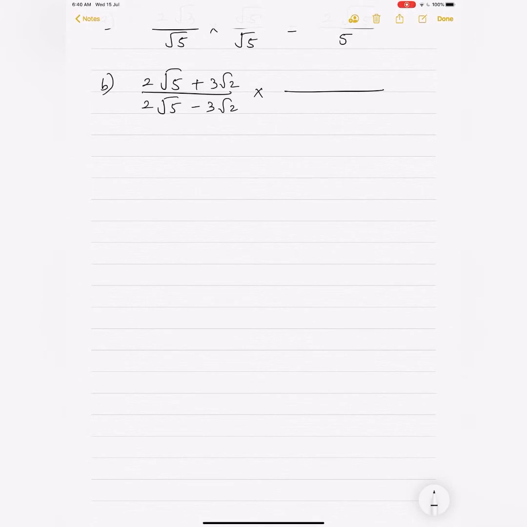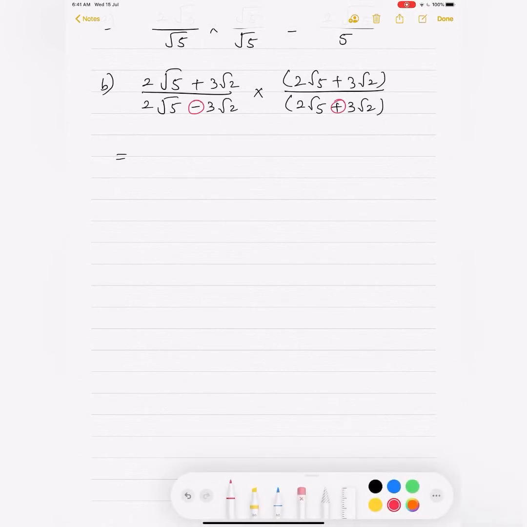So here we are going to rationalize with 2 root 5 plus 3 root 2. Here we are rationalizing with an opposite sign, remember. You can see that out here I had a minus sign, but here I'm using a plus sign. So you have to always use the opposite sign.